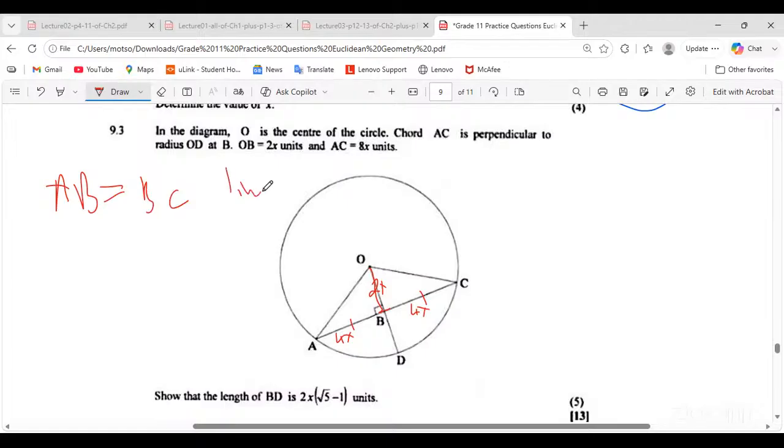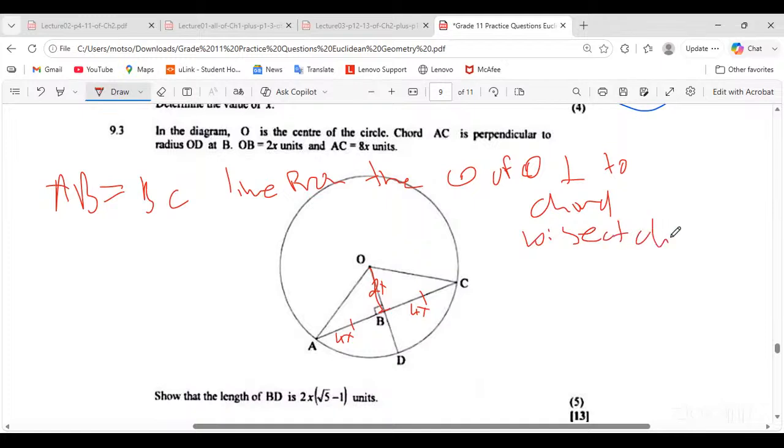Because the line drawn from the center of the circle perpendicular to a chord bisects the chord. This is theorem 1, right? That is the first thing that you will do. Then you get the mark for the statement, and the mark for the reason, right?